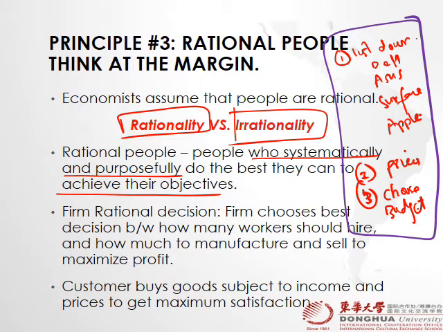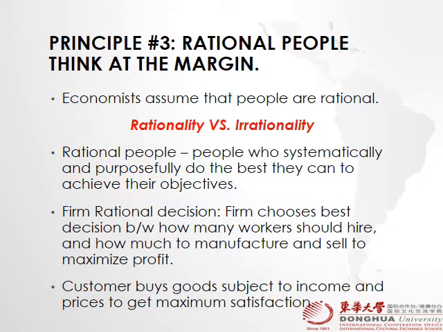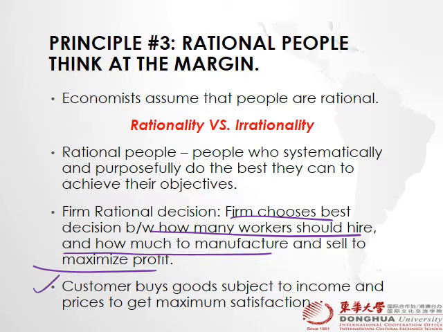The same behavior is also done by firms. How? Firms choose the best decision on how many workers to hire and how much to manufacture and sell to maximize profit. So it means there is some kind of systematic and purposeful order here. So we call this rationality. Similarly, customers buy goods subject to their income.